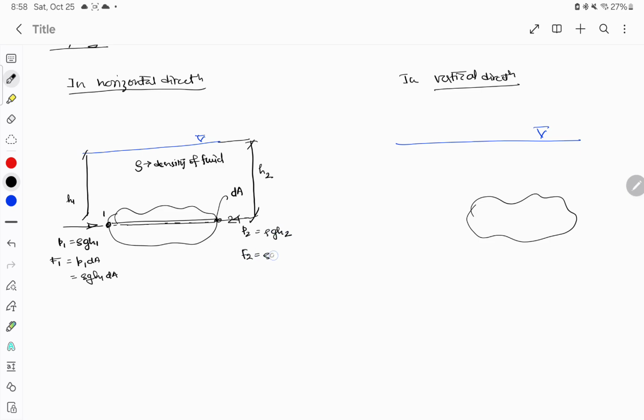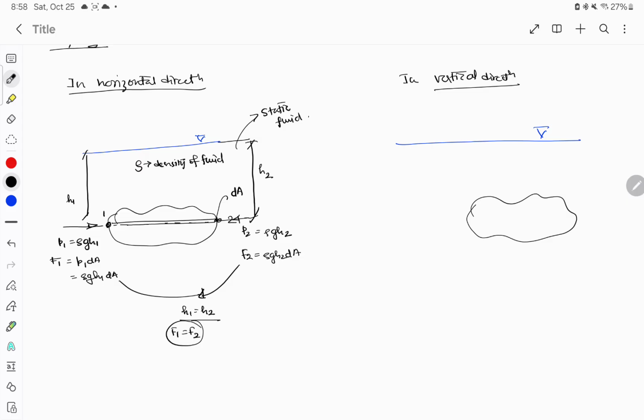Similarly, the force is rho g h2 into dA. We can see that h1 is equal to h2, and if the fluid is static, it is not moving in any direction, then force 1 is equal to force 2, which means there is no net change in the horizontal direction.